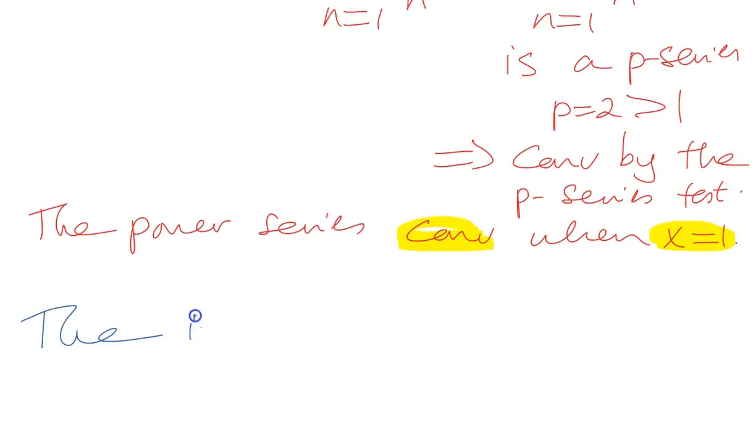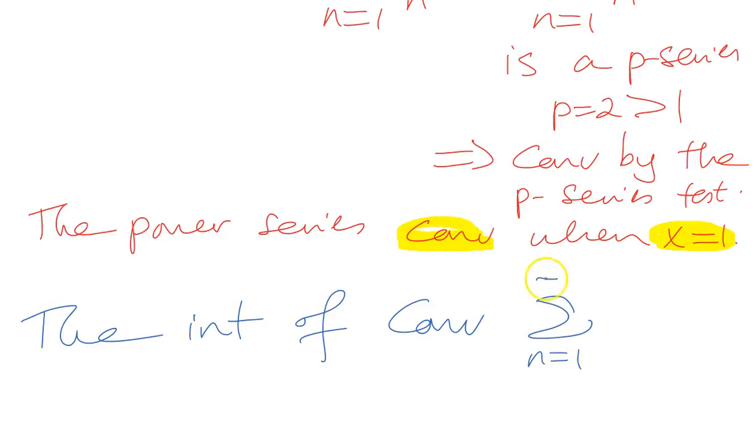The interval of convergence for the original power series in question, which is the sum from n equals 1 to infinity of x to the n over n squared. Isn't that the original power series? Yes, it is. The interval of convergence for the original power series is [-1, 1]. It converged at the endpoints, so please put brackets at the left-hand endpoint and at the right-hand endpoint.